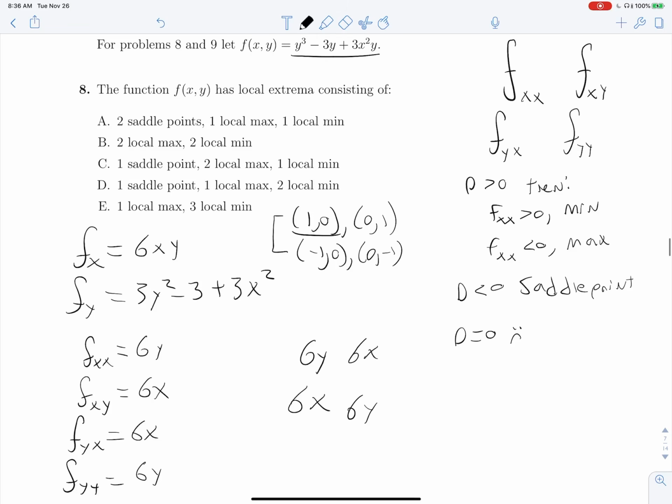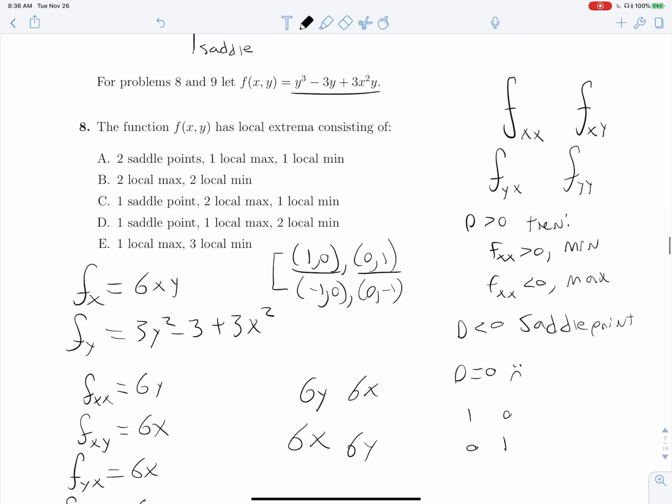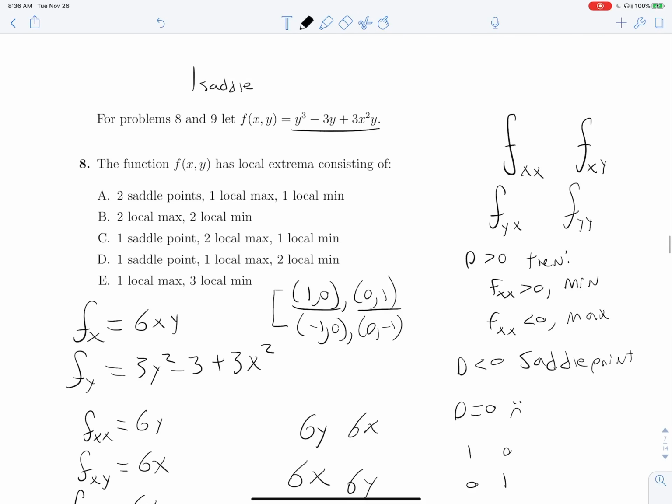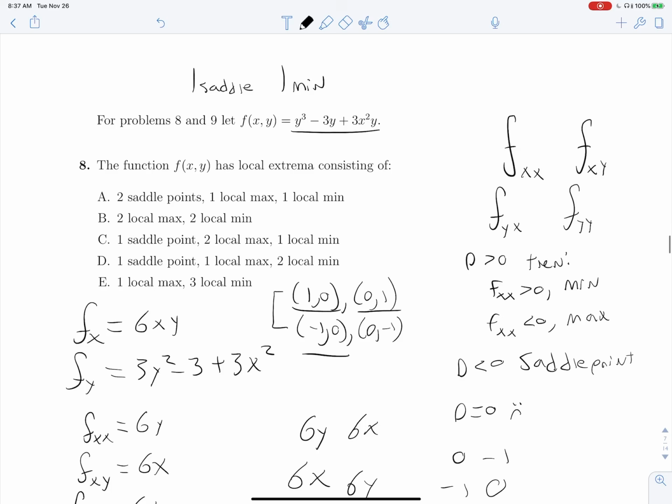Then, okay, (0, 1), we're going to get the matrix 1, 1, 0, 0, where our discriminant will be 1, which is greater than 0, and fxx is greater than 0, so we have a min. Now for (-1, 0), we're going to get the matrix 0, 0, -1, -1, and this thing is still going to be a saddle point because our discriminant will be -1.